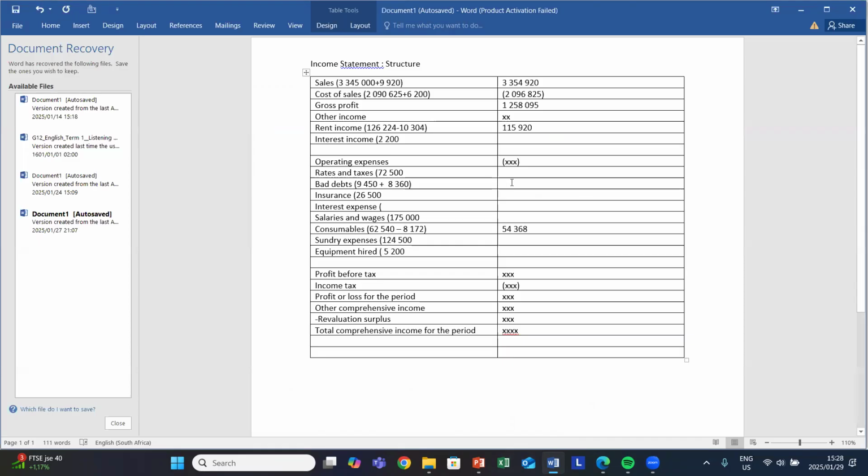And then you'll add both of them. So we'll say 9,450 plus 8,360, in which you'll get 17,810. Is that correct? Yes.